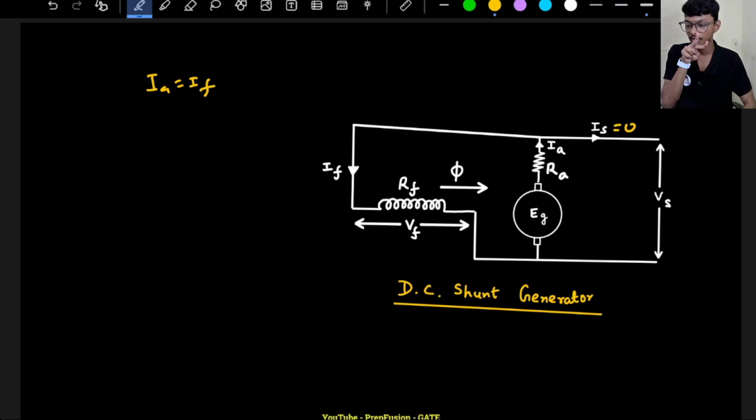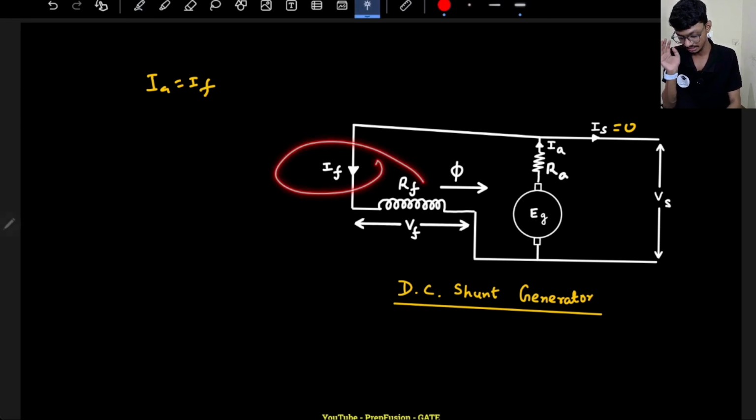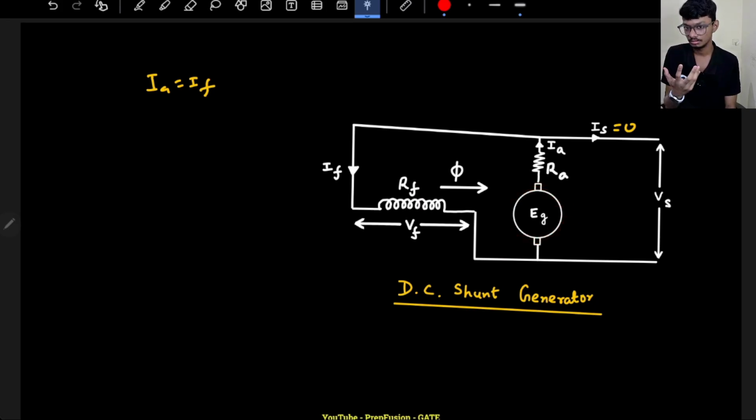Here, even if there is no field current, there will be some residual flux and some voltage will be induced, but that will not be enough to overcome the brush drop and the armature drop to make some current flow, as we discussed previously.